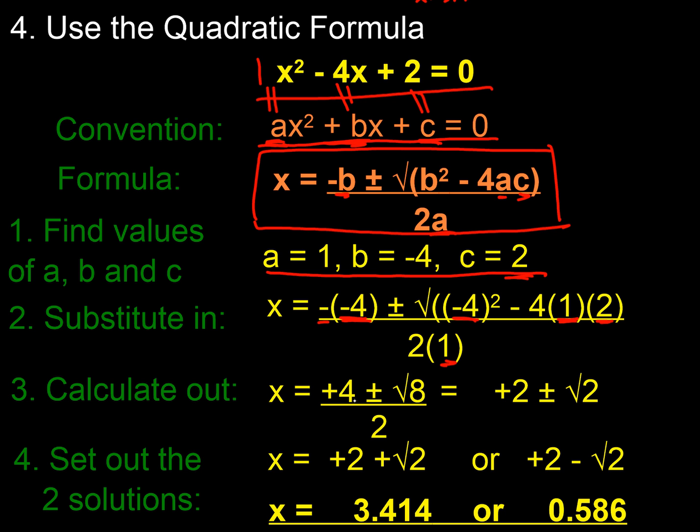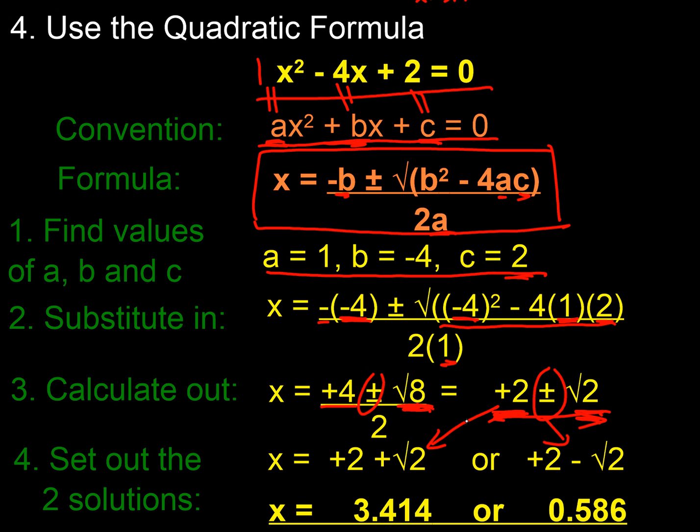And if we simplify this out a bit, we end up with +4 and plus or minus, I should have said, we've got this plus or minus, I'll come back to in a sec, and what's in the bracket there, which is 4 squared minus 8, is going to give us 8. So there's a square root of 8. And with a bit of simplification and cancelling some stuff out, we're going to see that we've got 2 plus or minus the square root of 2. So here we've got 2 answers, haven't we? One's with a plus and one's with a minus. So let's work those out.